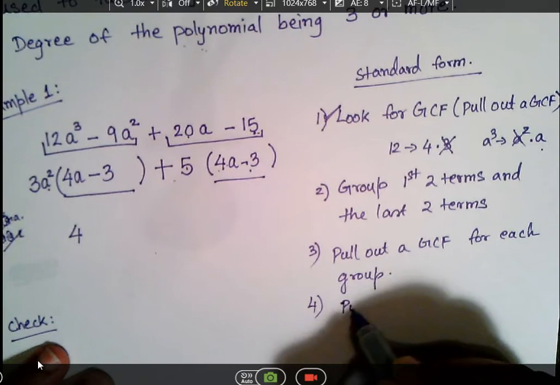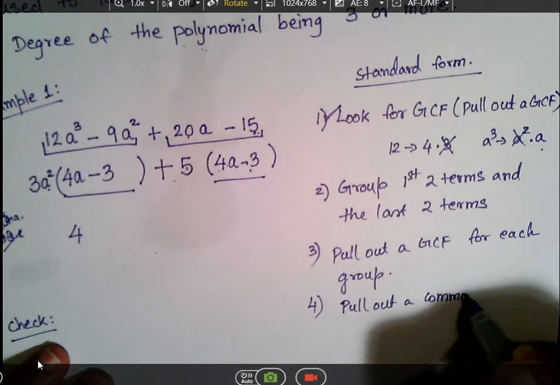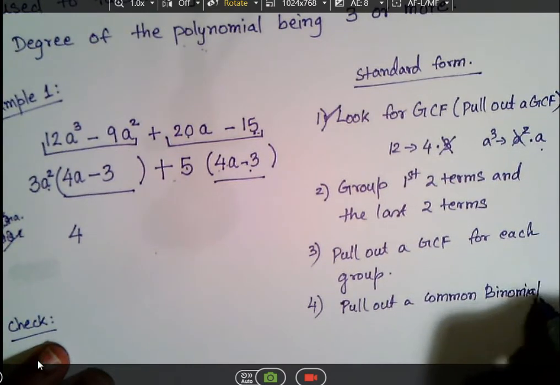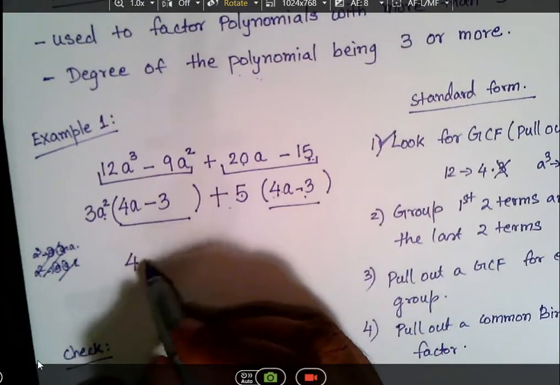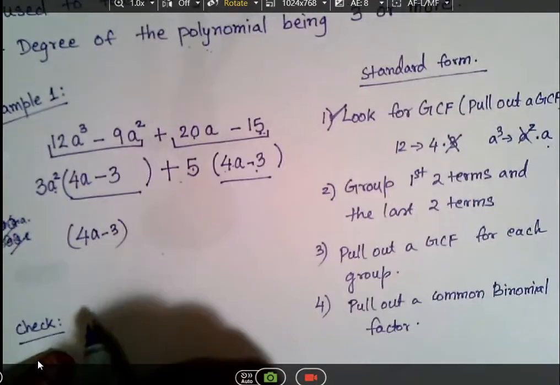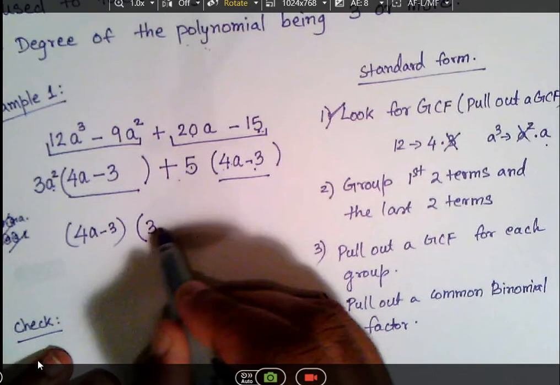So now the next step is you're going to pull out a common binomial factor. This is technique 2. So it comes in handy here, the binomial factor. So when I pull out a common binomial factor, which is 4a minus 3 here, what is left out of my first term is a 3a squared.